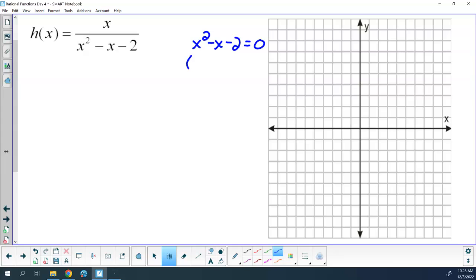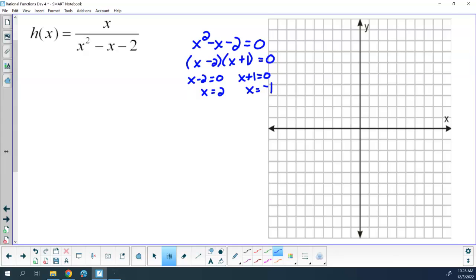Factorable, not factorable. Factors into x minus 2 and x plus 1. So x minus 2 equals 0, so x would be 2. X plus 1 equals 0, so x would be negative 1.